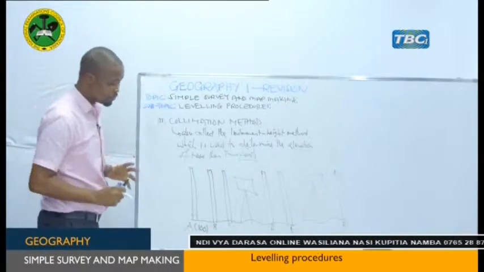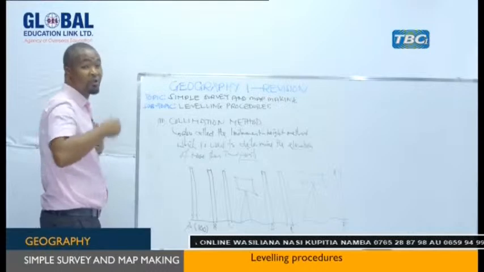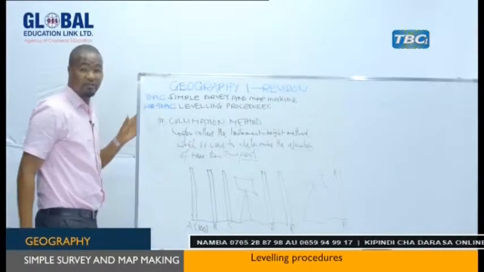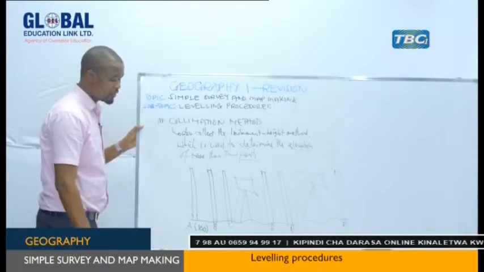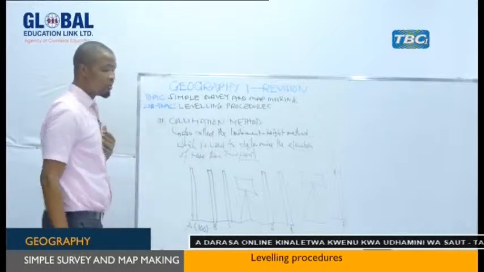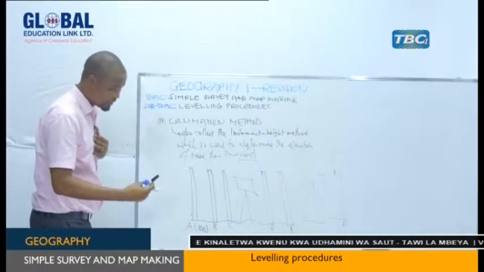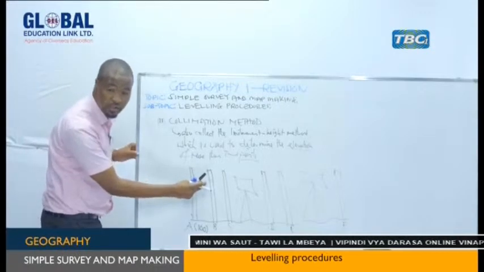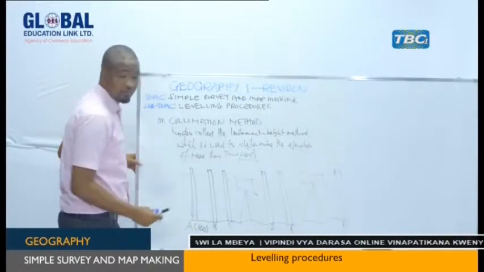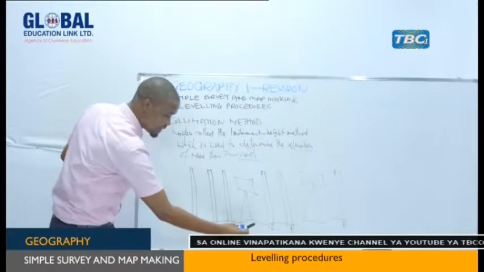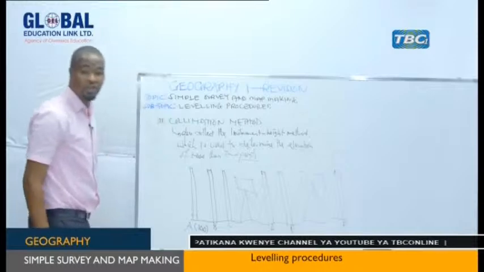Then after getting the height of collimation, you will deduct the staff reading of each point to get the reduced level of the station. Are we together? First you have to find the height of collimation. Then after obtaining it, you have to subtract the staff reading of each point, so as to get the station readings of each leg.